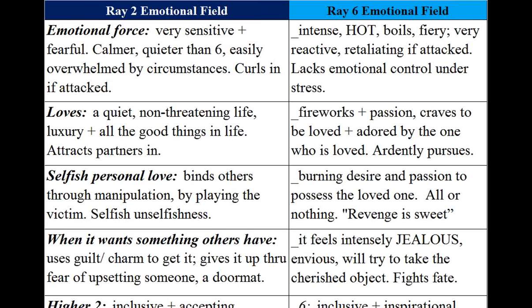And one of the great negatives, I believe, of the second ray emotional body is they play the doormat or the victim in order to encourage people to feel guilty for how they've hurt them, so that they'll do what they want. So they're very manipulative, and they are very good at getting people to jump around and do what they want for them by playing the victim.